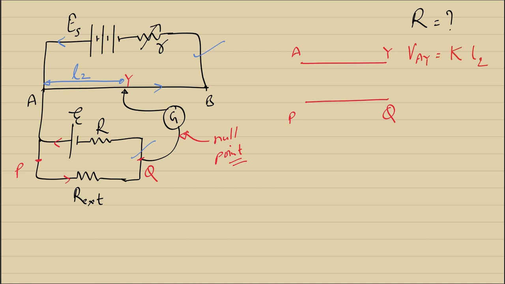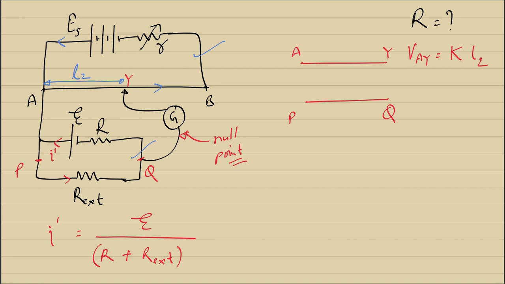Now let us focus on the external circuit for once. Say I name I dash the current which is flowing in the external circuit. Take a pause and try to write down the value of I dash. The value of I dash will be equal to E, the EMF in the external circuit, upon R plus R external, because only R plus R external are in series with each other and they have no relation with the potentiometer circuit.